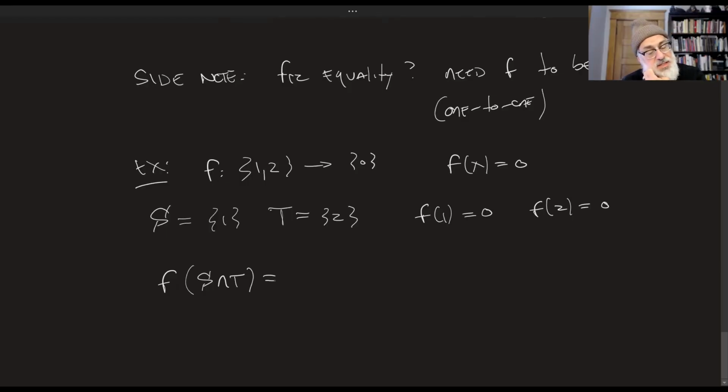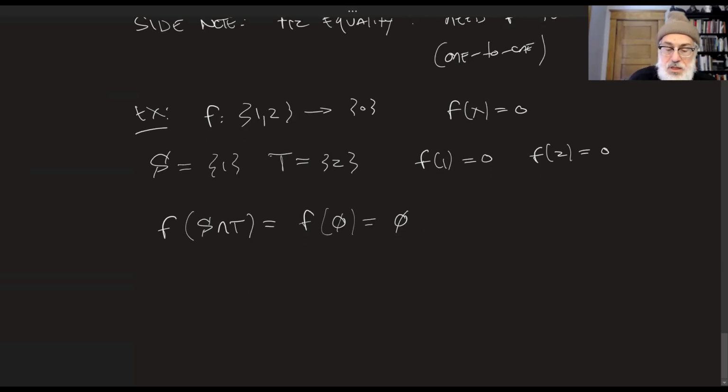In other words, if I take S and T and intersect them, and then look at what's in the image, we'll notice that the intersection of S and T is empty. So it's empty. There's nothing in this image. However, if we look at f of S intersect f of T, f of S takes all the elements in S, which is just 1, and puts them to 0.